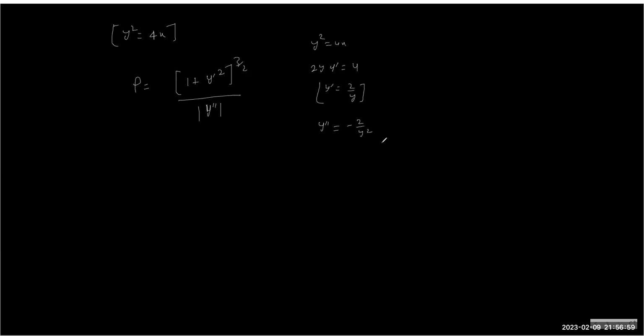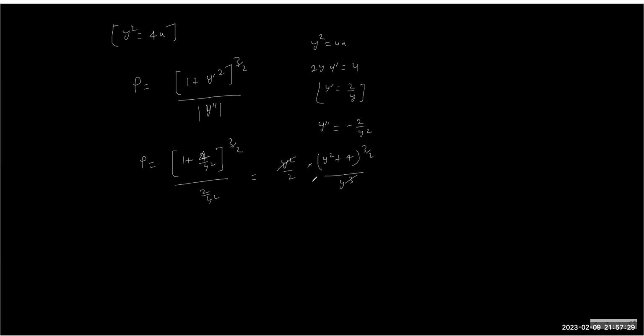And y we can substitute as a t function later on. Okay. So rho turns into 1 plus y dash square, which is 4 by y square, raised to 3 by 2, upon 2 by y square. So y square by 2 into y square plus 4, power 3 by 2, and then upon how much? Y cube.